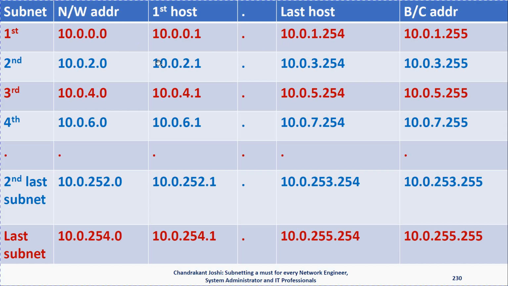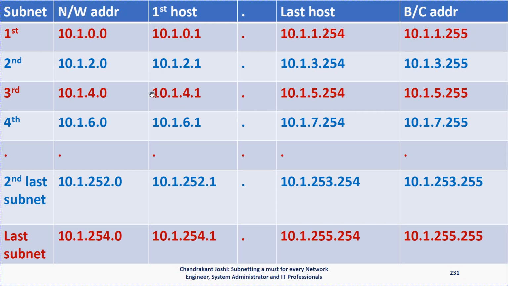So 254 plus 254 is 508, and then this will not remain a network address and this will not remain a broadcast address. So this will be increased and this will be increased. So 508 plus 2, 510.